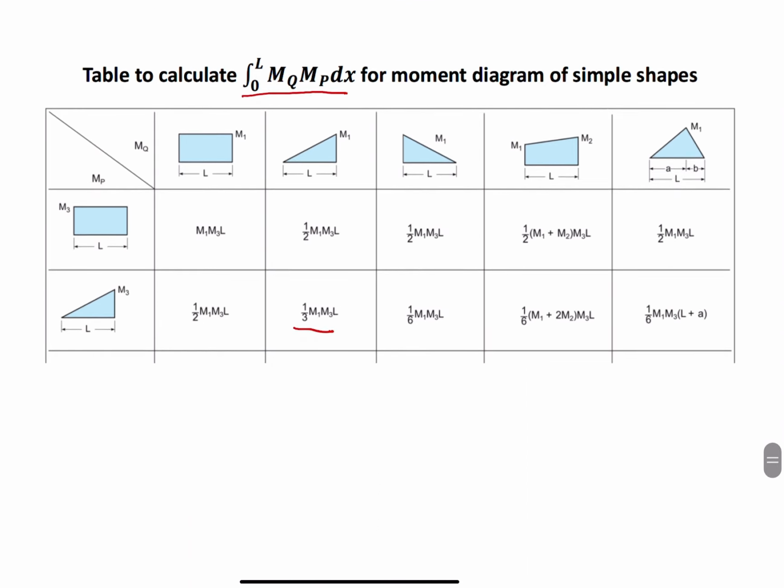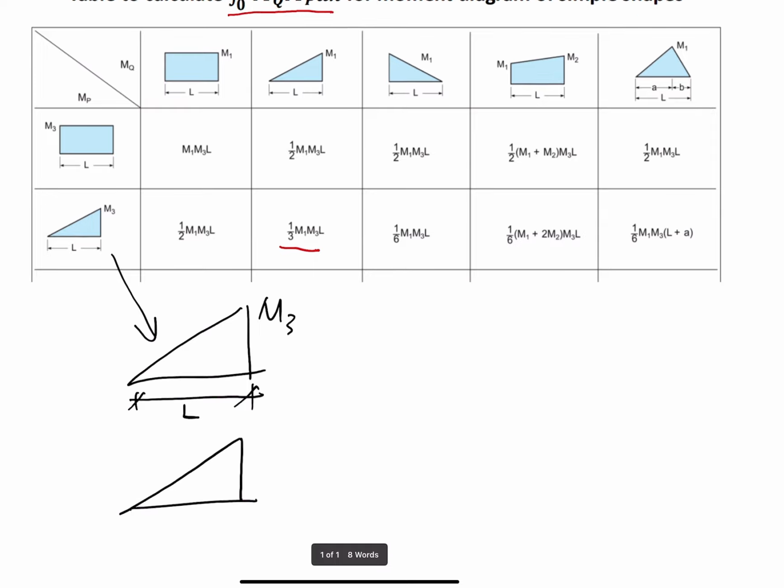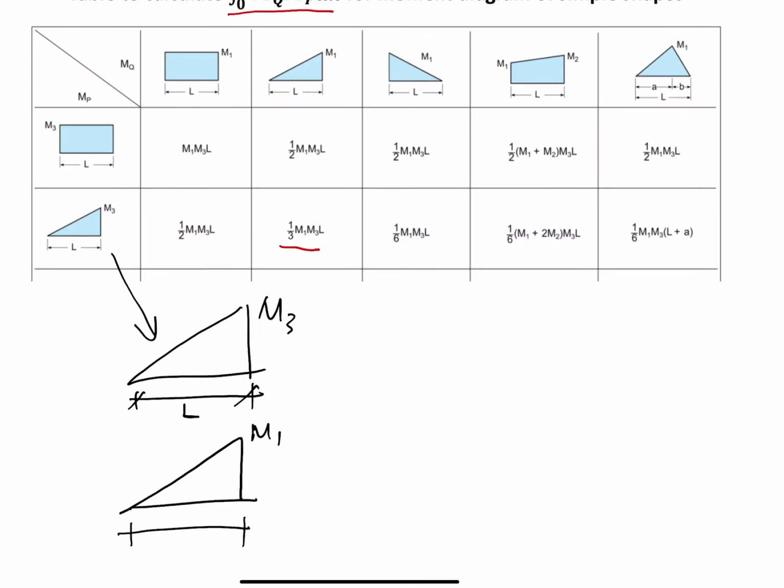For example, here we have a bending moment, and we have another bending moment. This is M1, this is M3, and this is L. Because all these bending moments are linear functions, we don't need to differentiate which one is small m and which one is capital M, because they are similar.